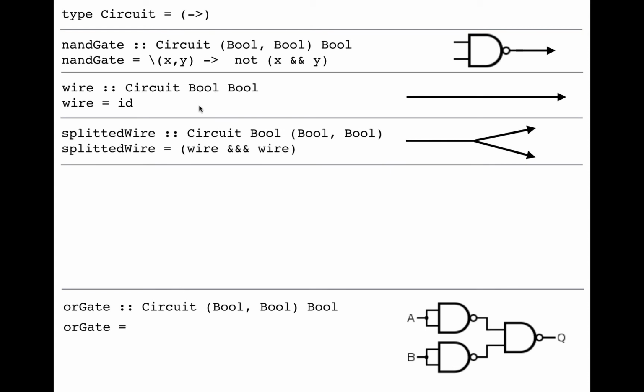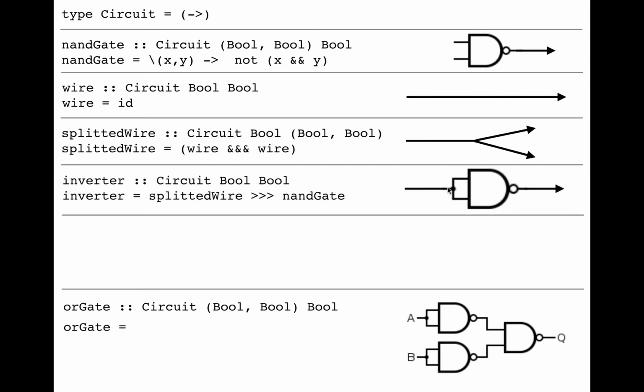And we also need a splitted wire because we want to create an inverter. And this inverter takes a splitted wire. So a splitted wire is this part of this inverter, and the second part of this inverter is this negative AND gate.